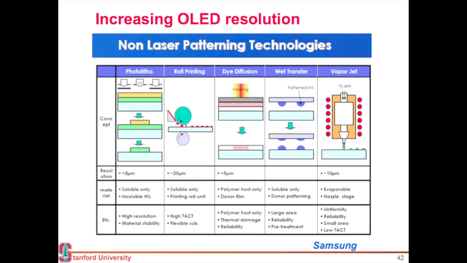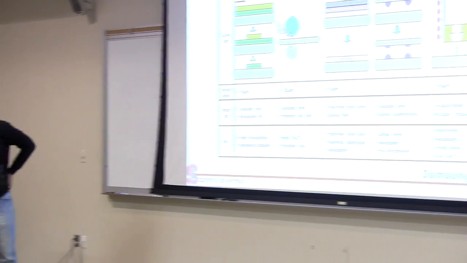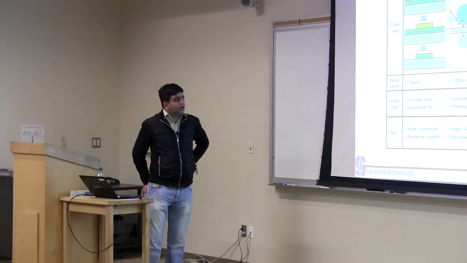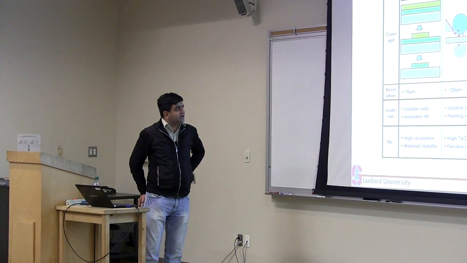You could do roll printing, which doesn't give very high resolution, but could be very high throughput, so you could make them very cheap. You could do vapor jet printing that gives you something in between, but it's not very fast. These are all being cooked up in pilot lines.